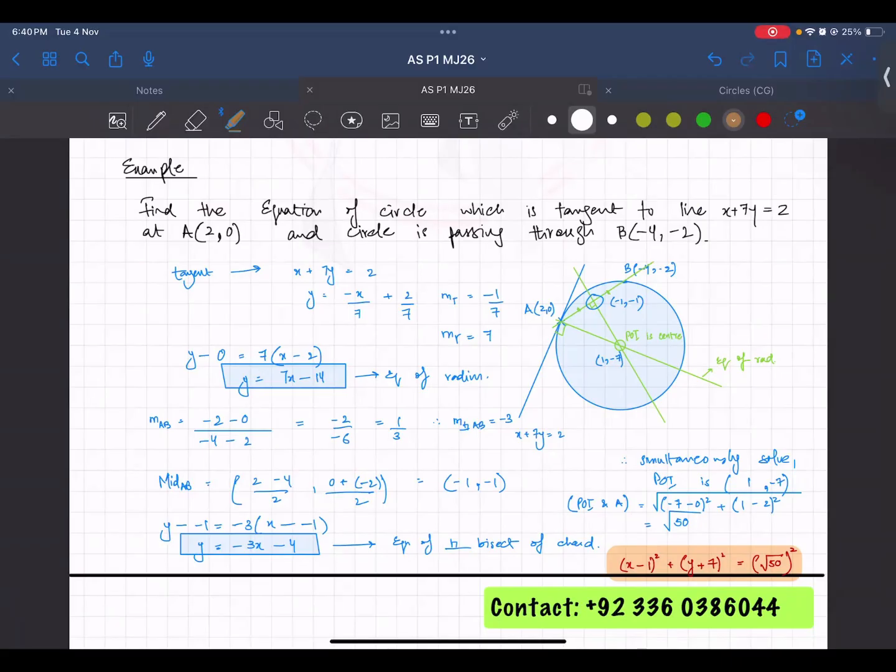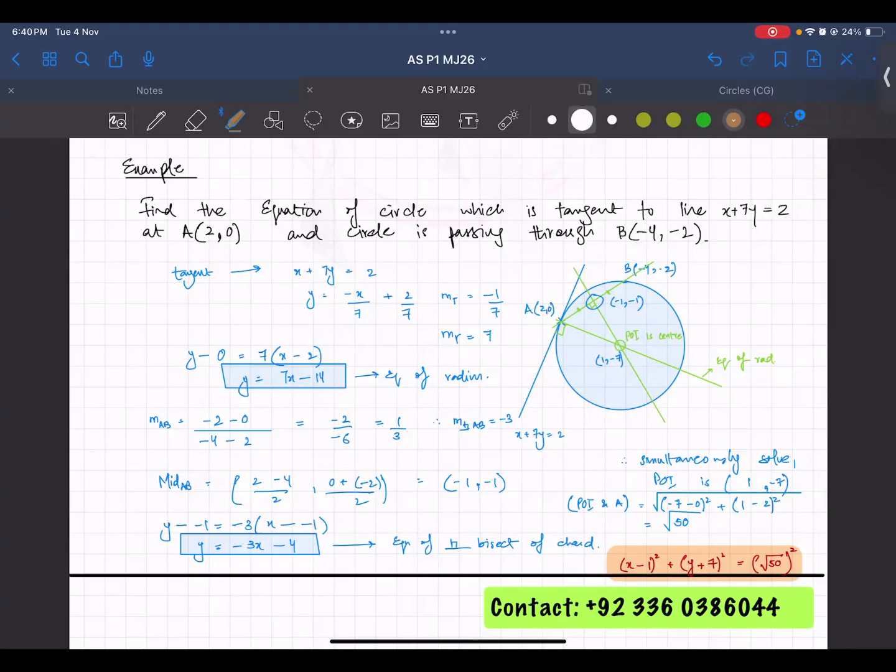Any questions? Anyone? So I have done so many combinations of how they can ask, how they can make it more and more complicated. But the thing is, everything would be revolving around the basic distance formula, gradient formula, and the perpendicular and parallel lines, and the general equation of a circle.